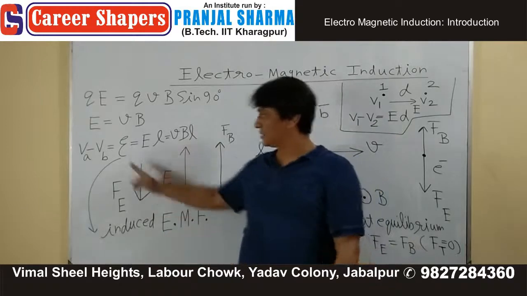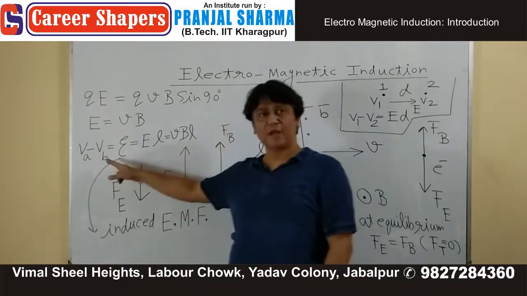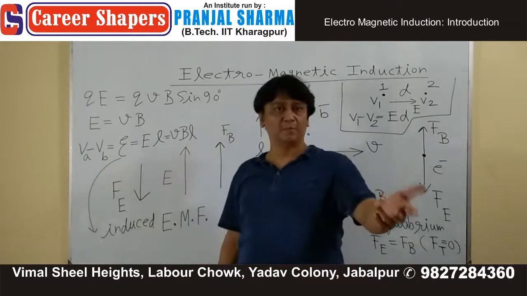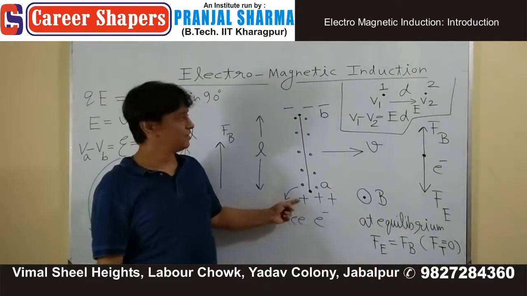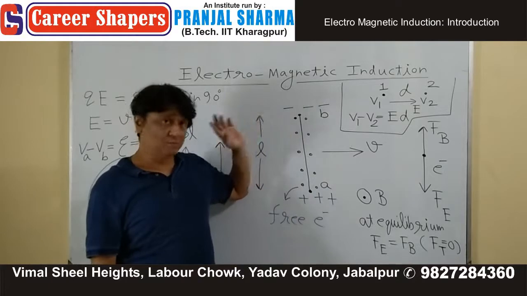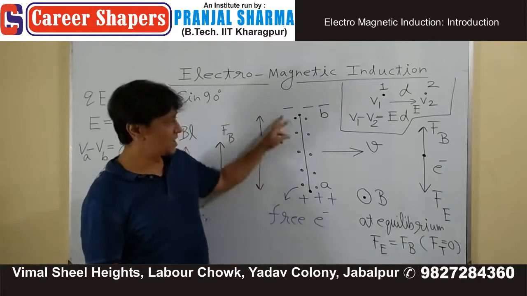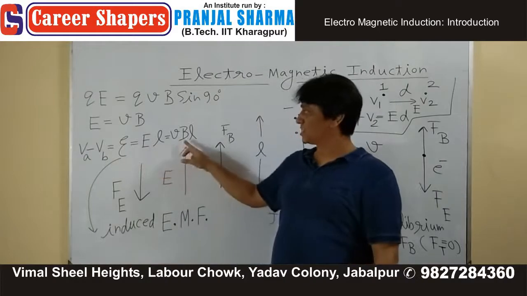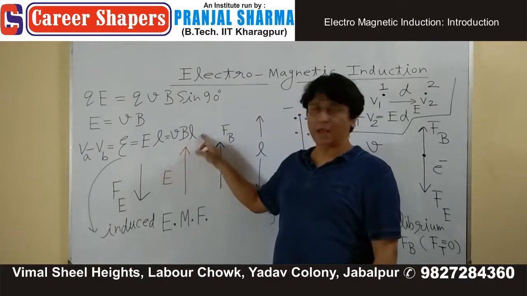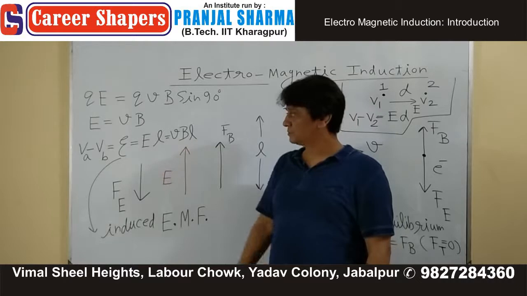It tells us that the potential difference VA minus VB, you don't have to confuse with negative and positive. You can see that this end is positively charged, this end is negatively charged. So VA minus VB will definitely be positive. So that is coming as VBL from this.